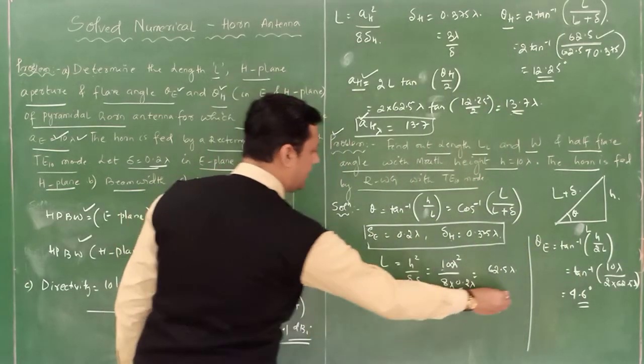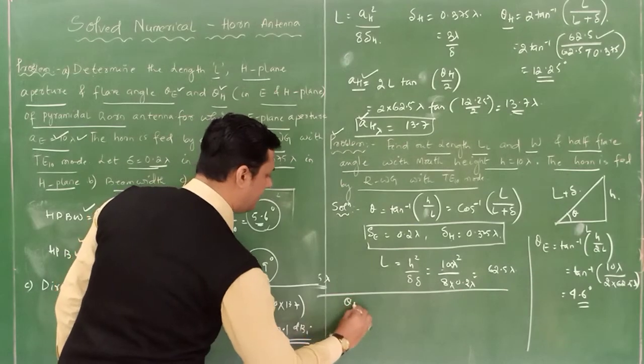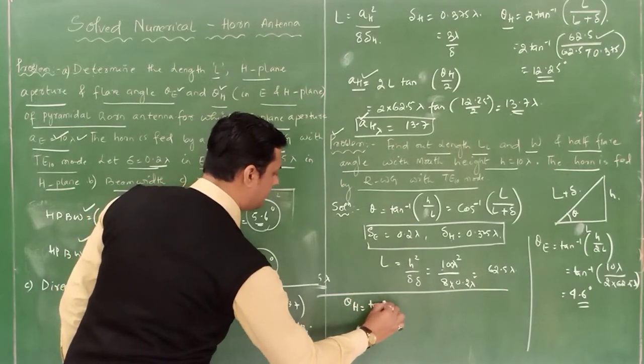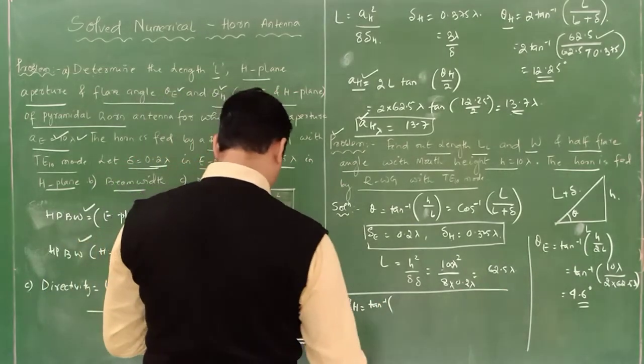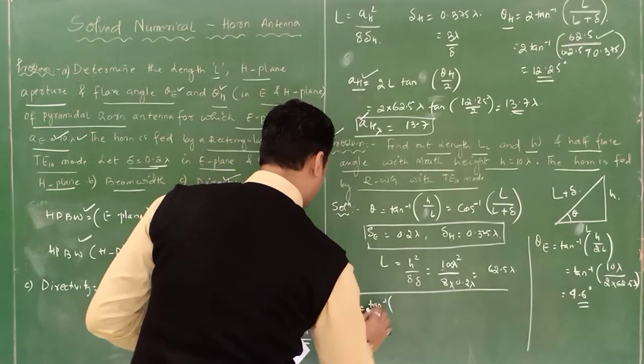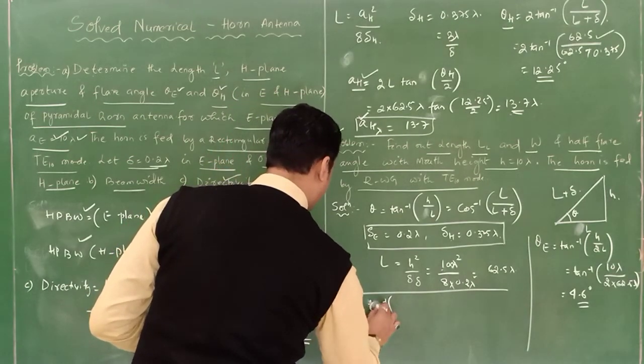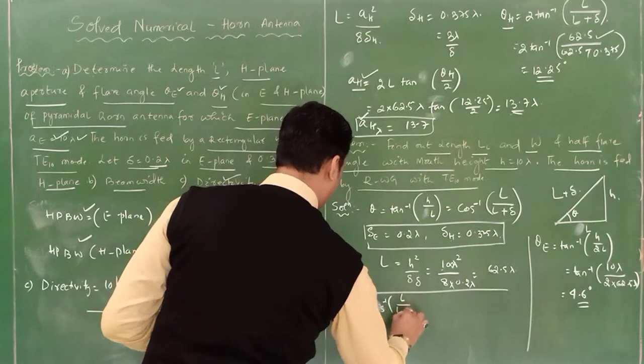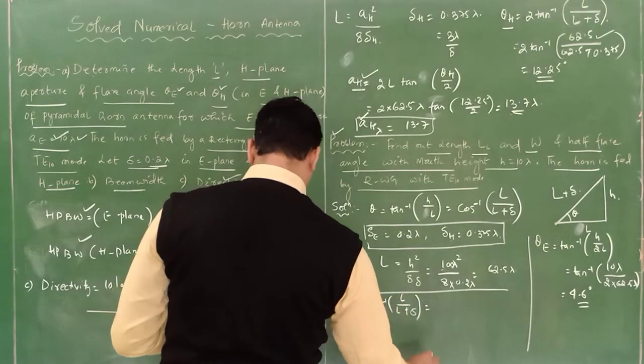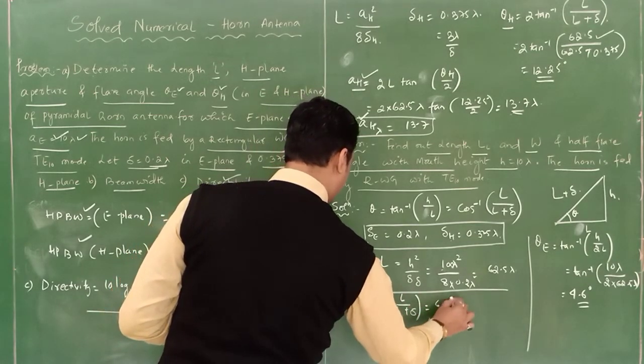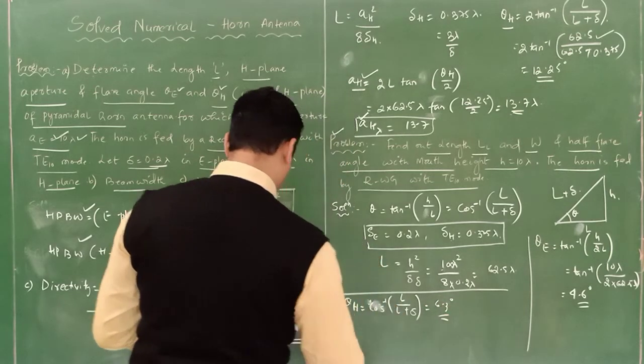Similarly, theta H also we can determine. Theta H is equal to tan inverse of, or we can write cos inverse of L by L plus del, which is equal to 6.3 degrees.